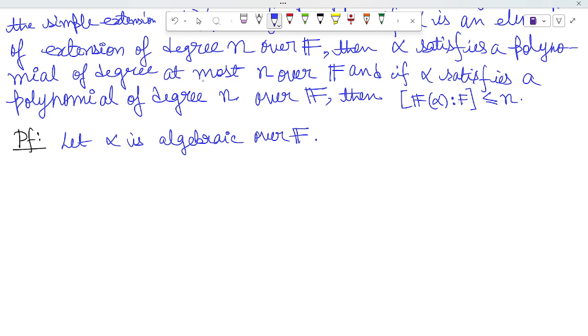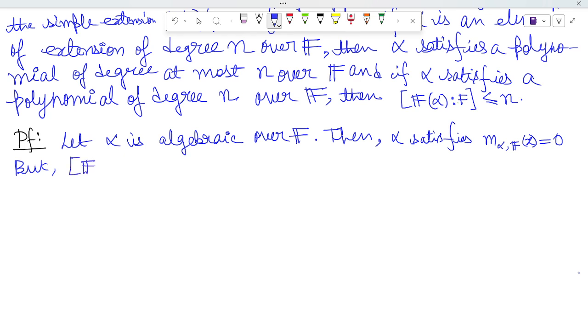So it is algebraic over F, so it satisfies some non-zero equation. Then what I need to show is that the extension is finite. Alpha already satisfies the equation m alpha comma F of x equal to 0. But I need to show this is a finite extension.